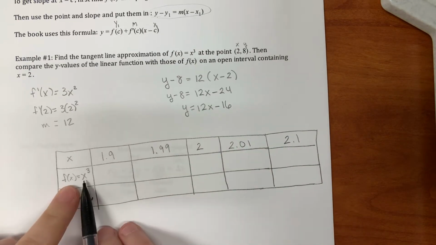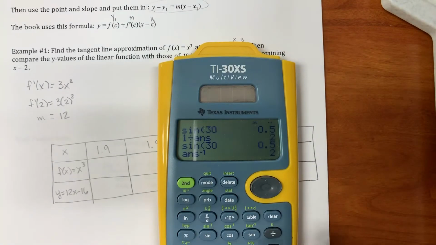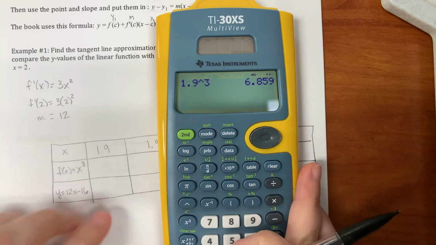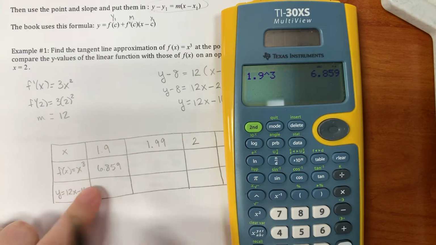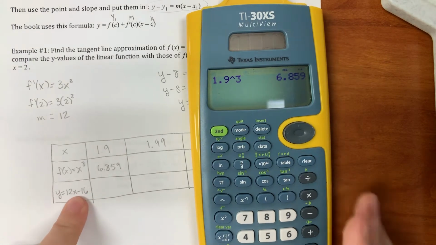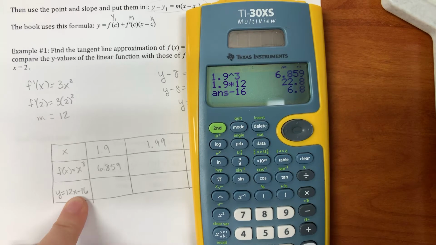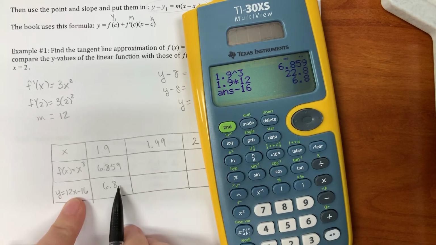Okay, so let's start with this one, 1.9. If I put that in there, 1.9 cubed, 1.9 to the third power is 6.859. And then if I put it in here, 1.9 times 12 minus 16 is 6.8. So what you'll notice is this is pretty close, right?